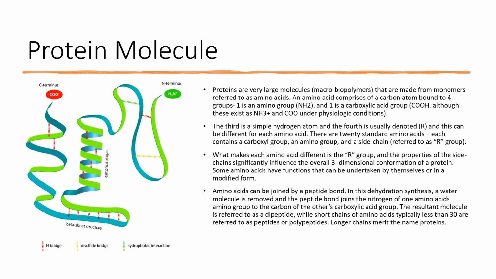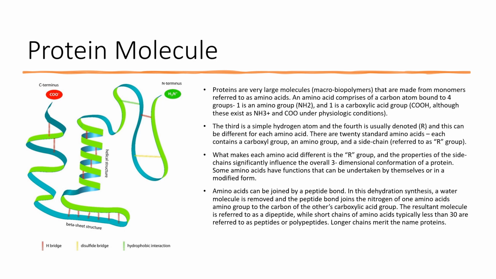What makes each amino acid different is the R group, and the properties of the side chains significantly influence the overall three-dimensional conformation of a protein. Some amino acids have functions that can be undertaken by themselves or in modified form.